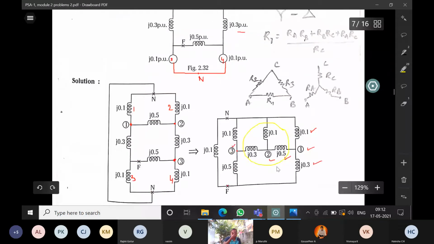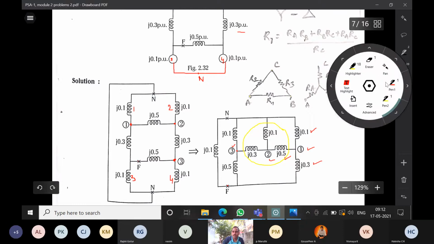So what is the formula for converting star to delta? Okay, for example, this is RA, RB and RC. This is R1, R2 and R3. So suppose this is A, B and C. A, B and C. Okay, so this is delta and this is the star.